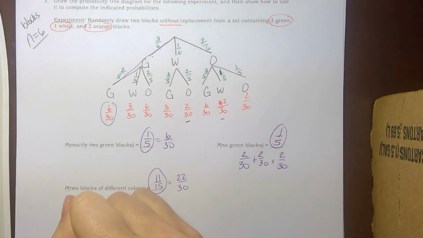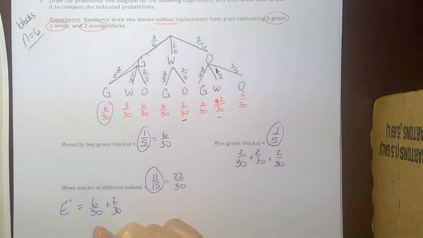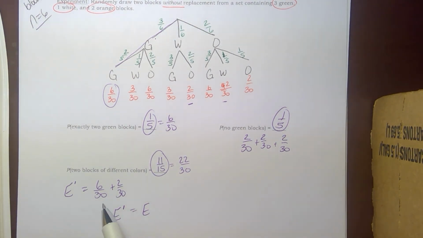This would be the complement of the event I was asked for, a total of 8/30. And if I take my total set of probabilities and subtract the probability of the complement, I get the probability of the event itself. So 8/30, 1 minus 8/30 gives me that 22/30. And this way I only had to calculate 2 probabilities instead of all of the others.